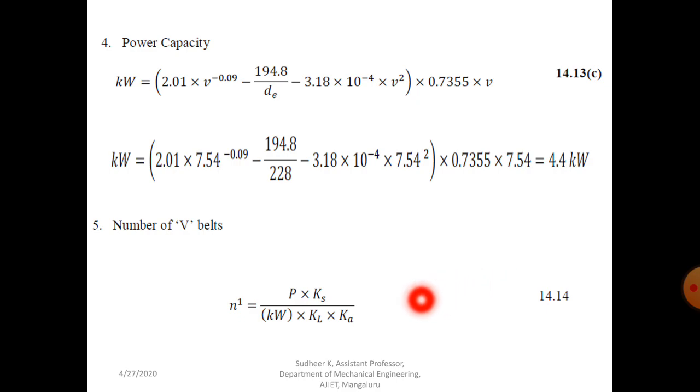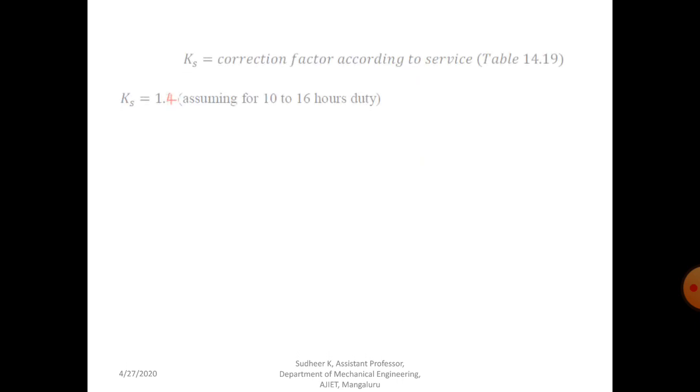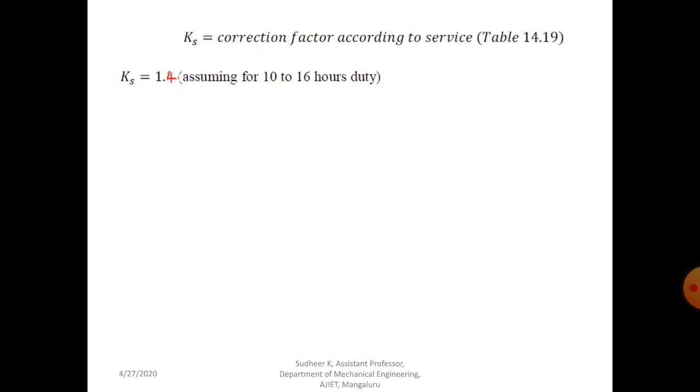So KL means correction factor for length, Ka means correction factor for arc of contact, and Ks means correction factor for service condition. So before that we have to find out all three correction factors one by one. We'll calculate now. So first we'll find out the correction factor for service.